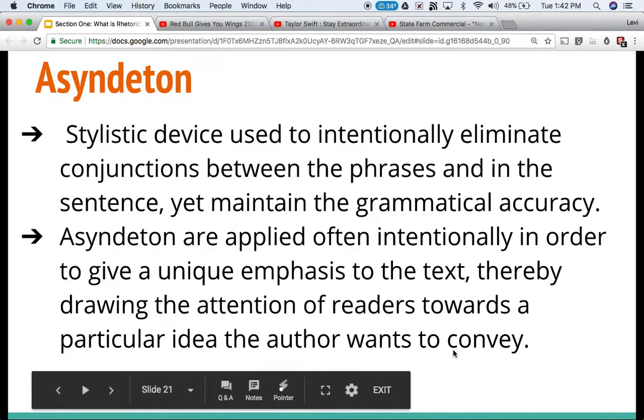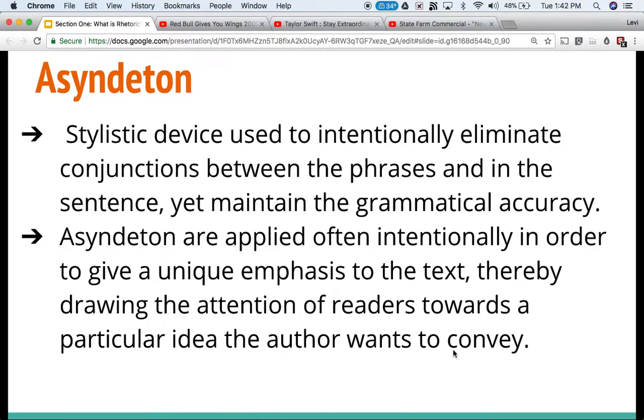Okay? This one is asyndeton. And this one's kind of hard to understand again, so I'm going to break it down a little bit for you here. Most of the time when you want to do two different sentences, you put a word like and or but in there. What asyndeton does is you purposefully, not unintentionally, get rid of those conjunctions.